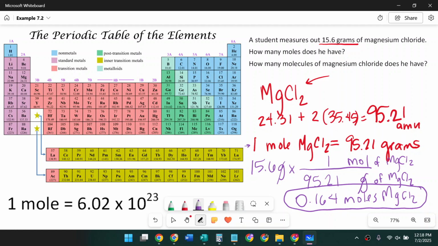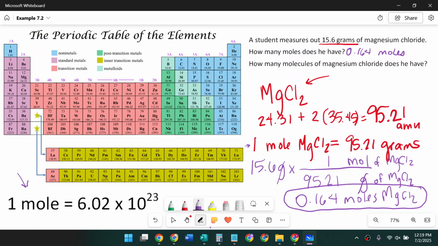All right, the second question asks how many molecules of magnesium chloride does he have? So let me put my first answer up here by the first question. Remember that a mole is 6.02 times 10 to the 23rd. If I have a mole of eggs, I have 6.02 times 10 to the 23rd eggs. If I have a mole of flowers, I have 6.02 times 10 to the 23rd flowers.